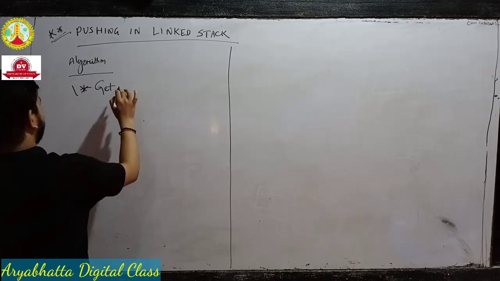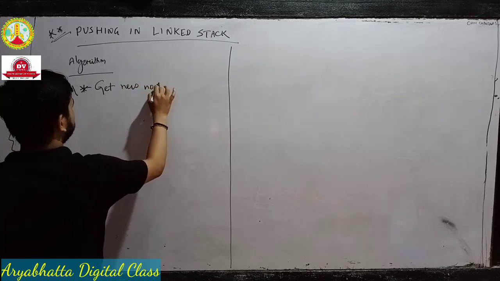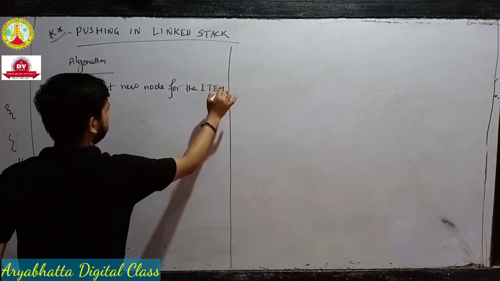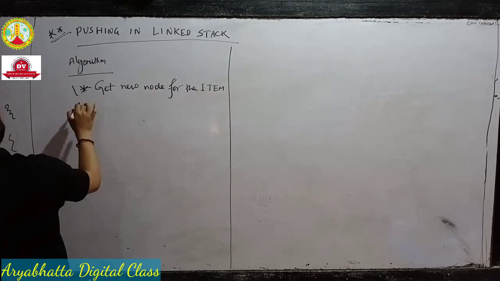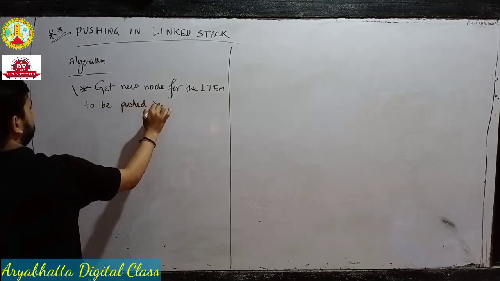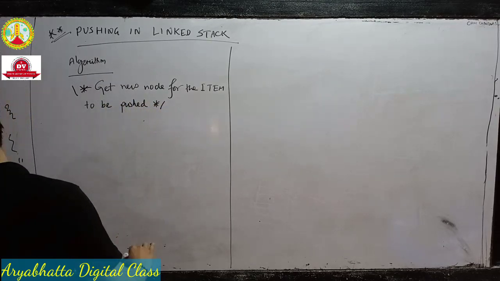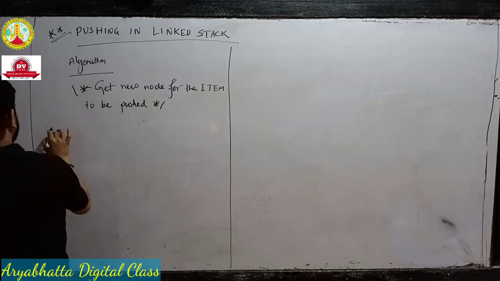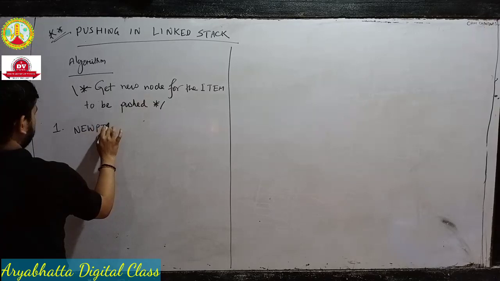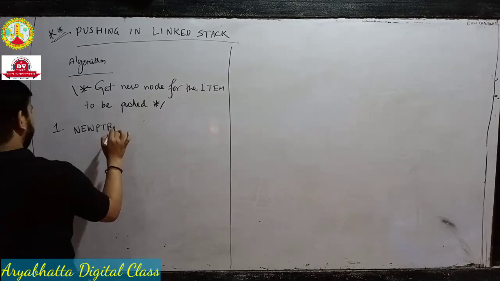Get new node for the item to be pushed. New PTR equals new node.